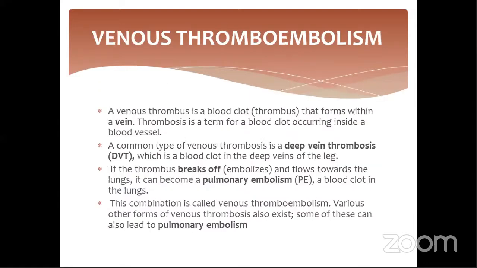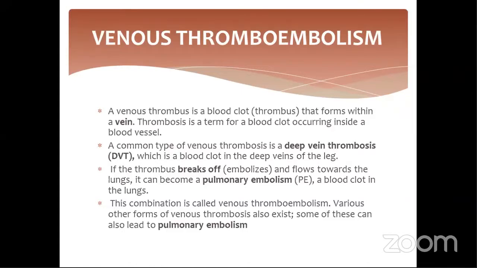So venous thrombosis. What is venous thromboembolism? When a venous thrombus or blood clot forms, that blood clot moves freely through that particular vein, and generally it gives rise to DVT, that is deep vein thrombosis.